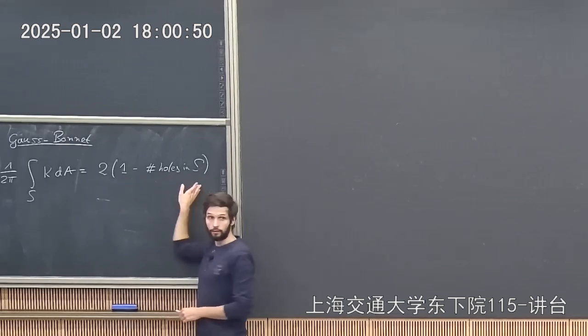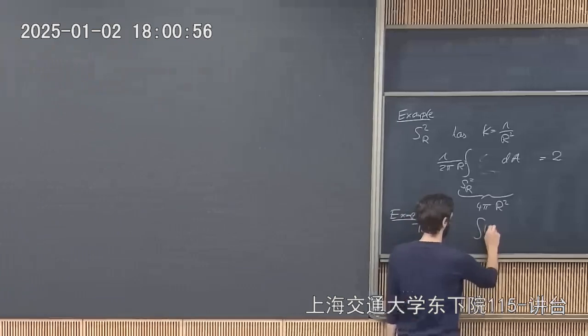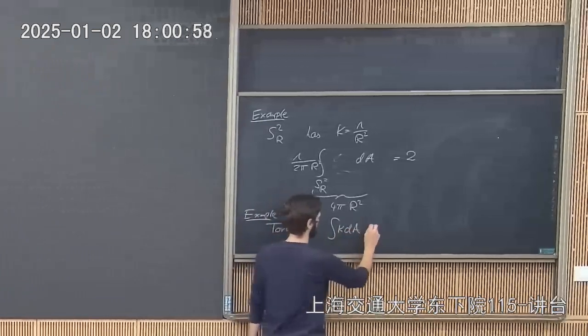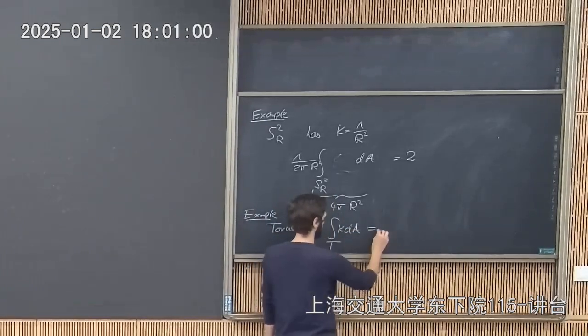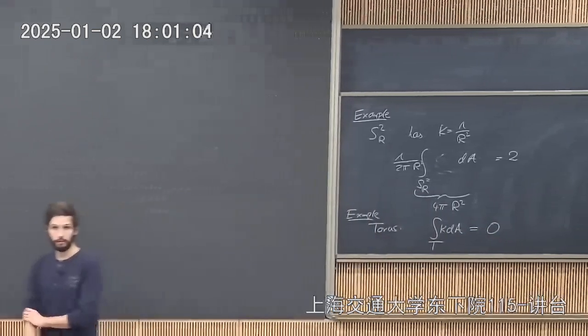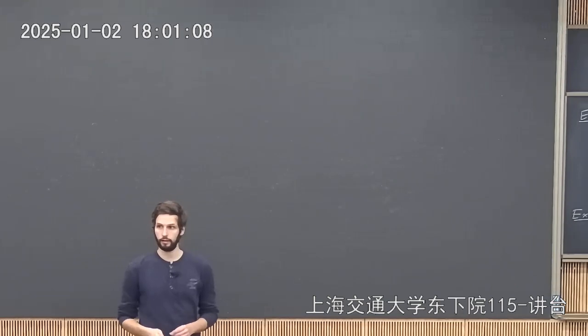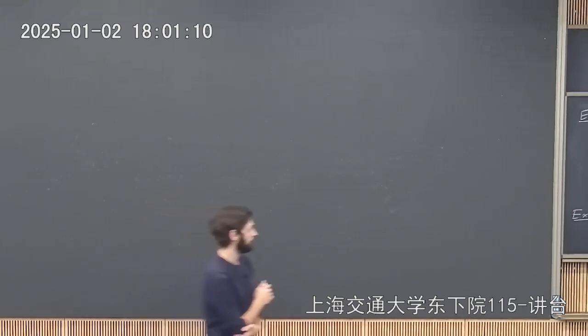So on the right-hand side we get 0. So for the torus, the theorem says that the Gaussian curvature integrated over the torus has to be 0. So that's already a bit more non-trivial. At least it's not very obvious.